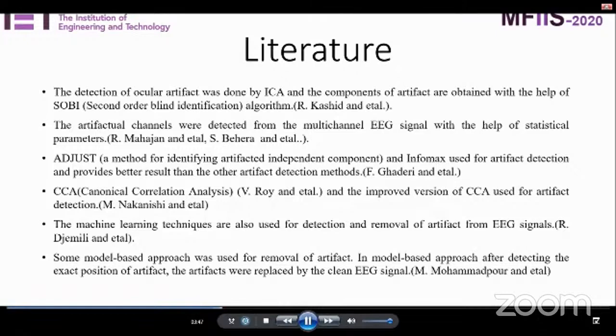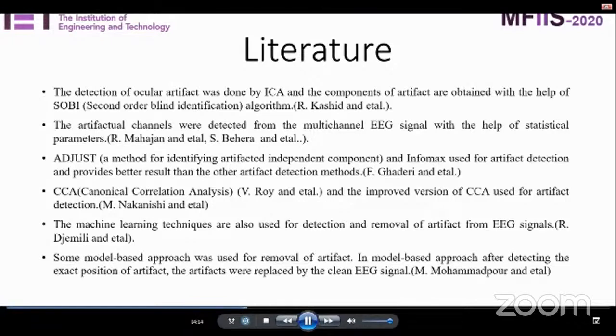The method ADJUST, which is a method for identifying artifactual independent components, and Infomax are also used for artifact detection. Canonical correlation analysis is also used for artifact detection. Some machine learning techniques are also used for artifact detection and also for artifact removal.